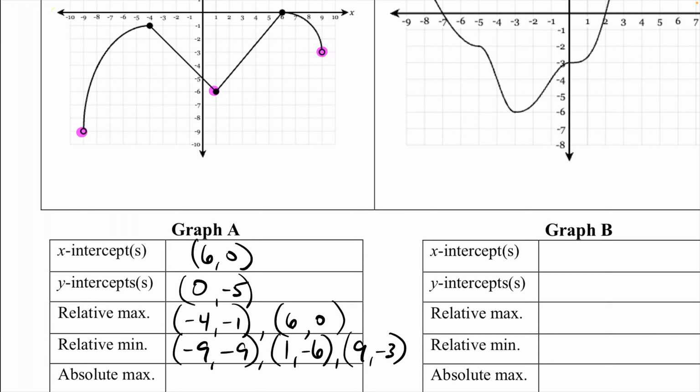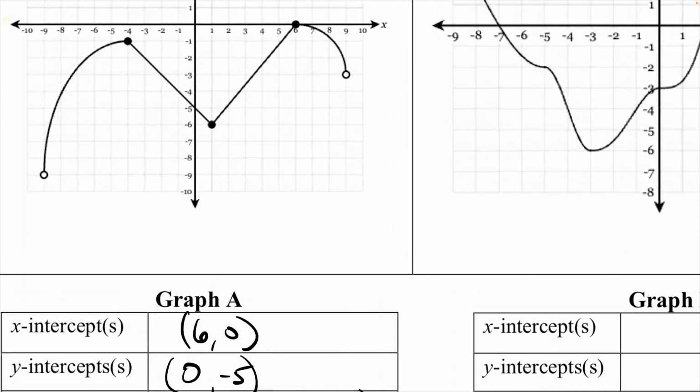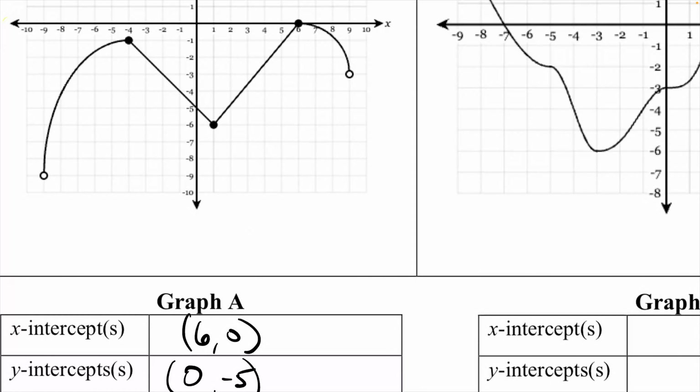The difference with the next one is the absolute top, the absolute bottom. So absolute max means the absolute top, Mount Everest. Which point is Mount Everest? 6, 0, right?